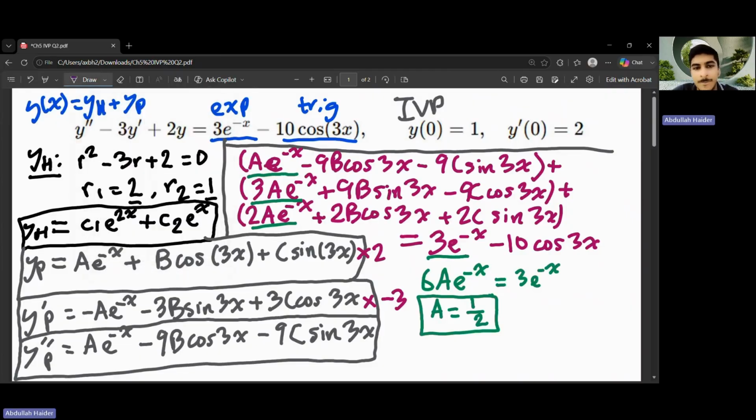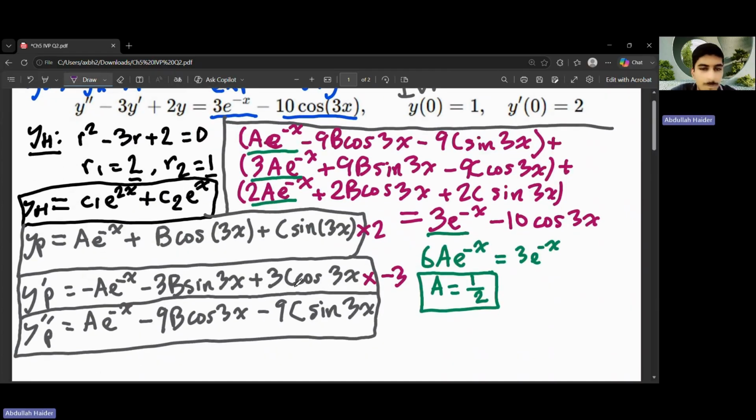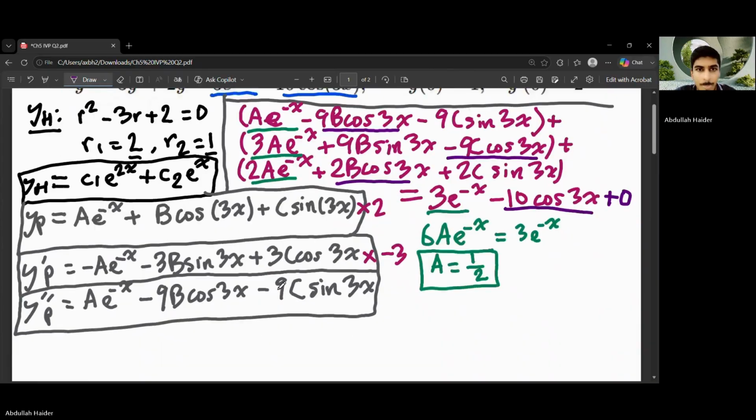Now to find b and c, first of all, you have a cosine here. You don't have a sine here, so assume that we have a plus 0. And then equate cosine to cosine and sine to 0. So we're looking at the cosine now. You have cosine here, cosine here, cosine here, and cosine here.